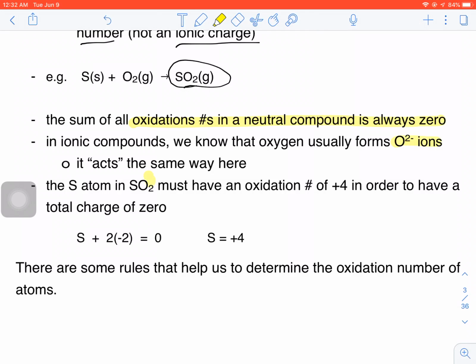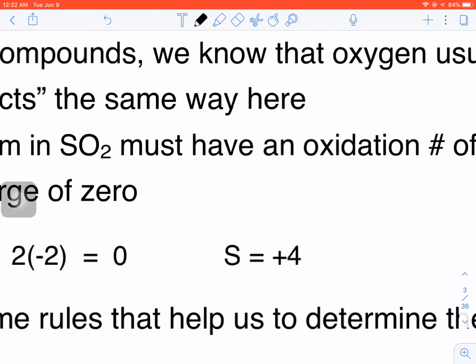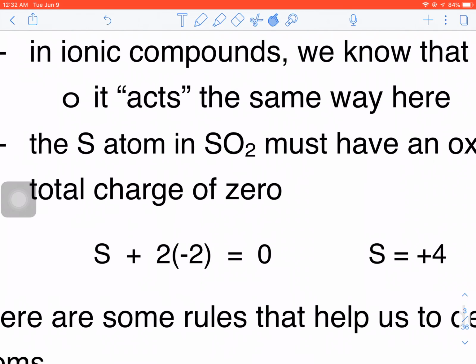These 2 oxygens right here are each sharing electrons with sulfur, but when sulfur tries to share them back, oxygen says, yeah, I'm going to share, but I'm going to hold them closer to me.